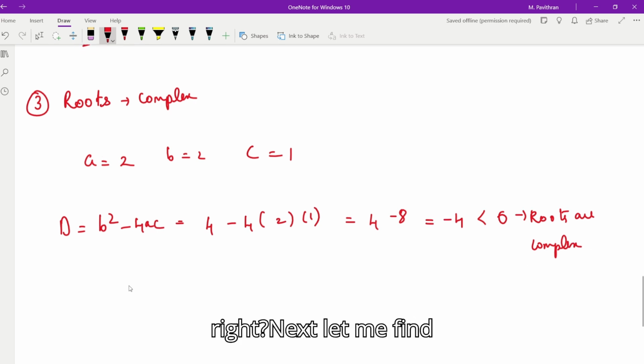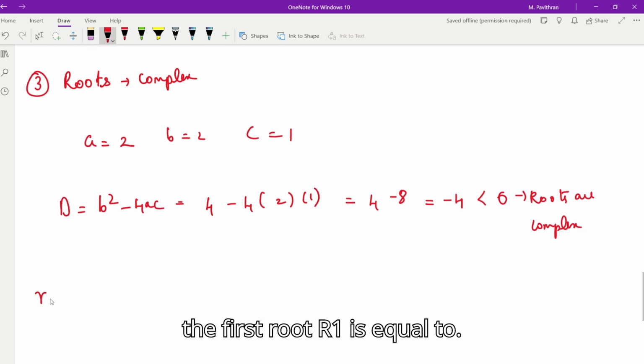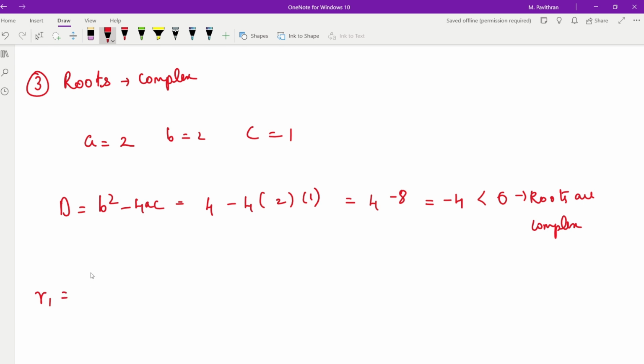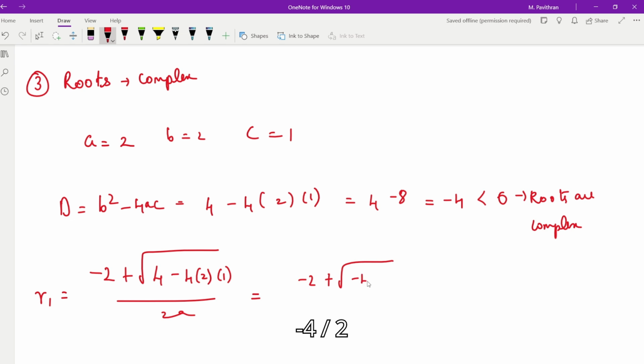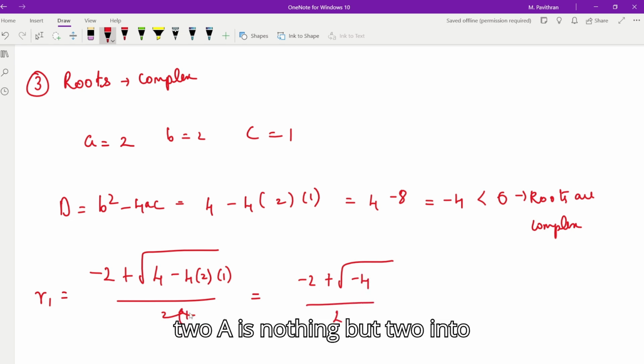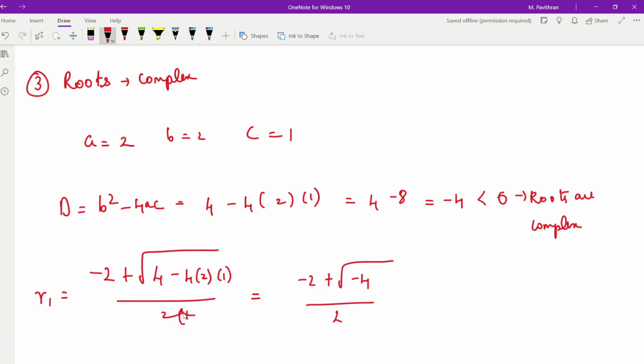right? Next, let me find the first root. R1 is equal to minus b plus root over b square minus 4ac divided by 2a, that is equal to minus 2 plus root of minus 4 divided by 2a. 2a is nothing but 2 into 2.